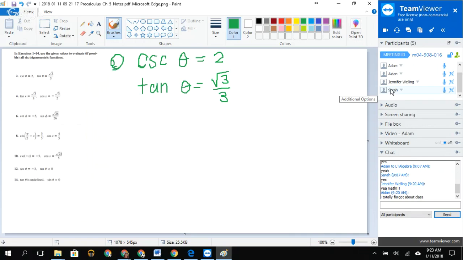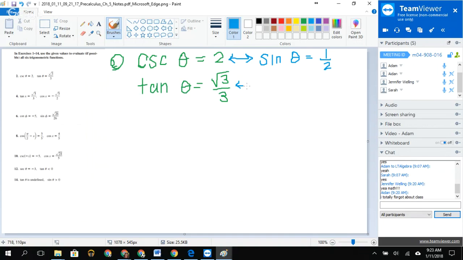The first thing we know is that the cosecant of theta is 2. So we should be able to use our reciprocal identity and find the sine. The sine of theta is going to be 1 over 2, because the cosecant and the sine have a reciprocal relationship.